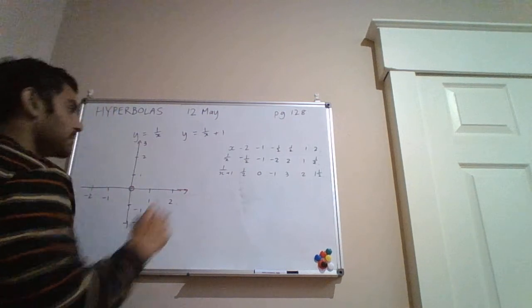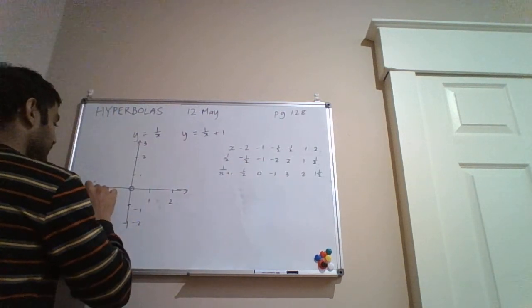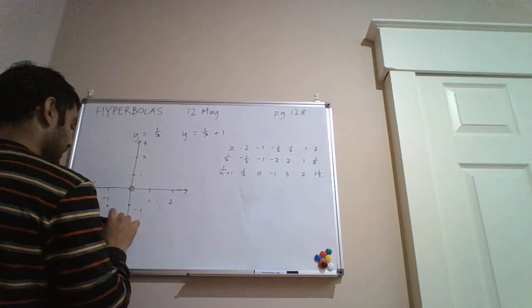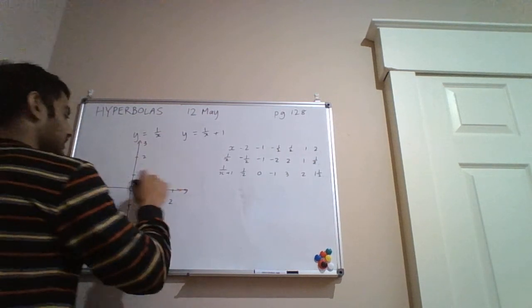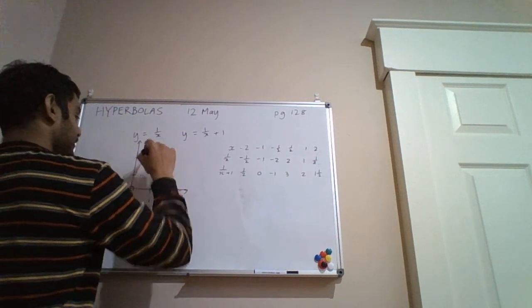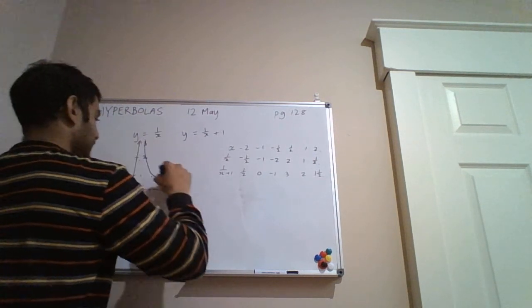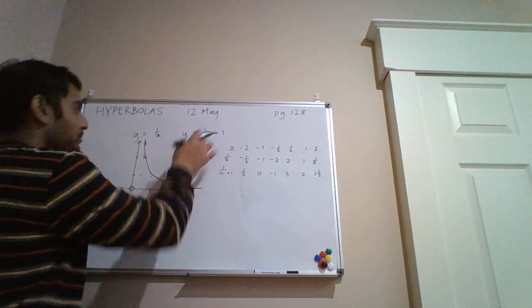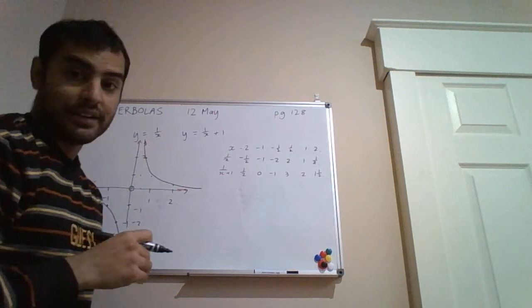So let's plot this quickly. From the first graph we have minus 2, minus half, minus 1, and a half, minus 2. Next graph, a half, 2, 1, 1, 2, half. Looks like this. And we expect that when our q is plus 1, this whole graph moves 1 up.